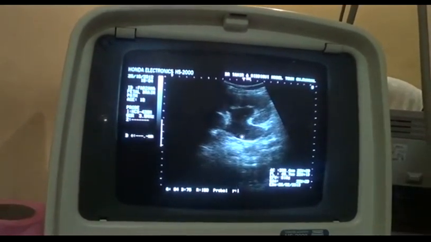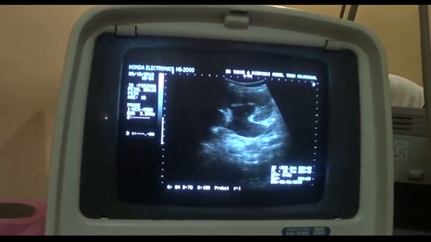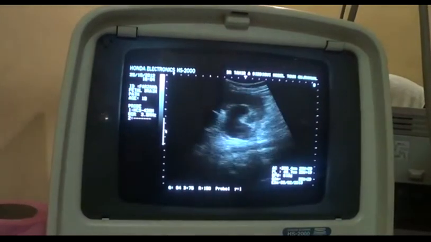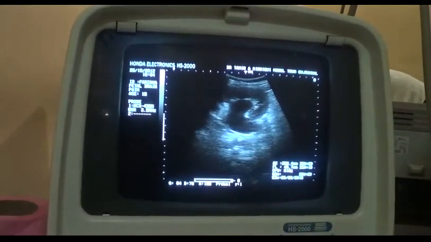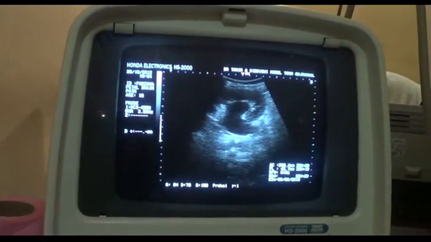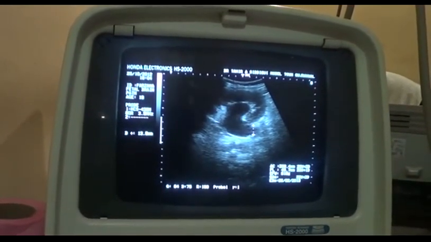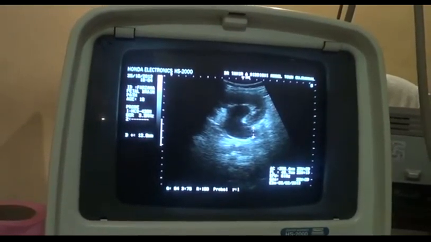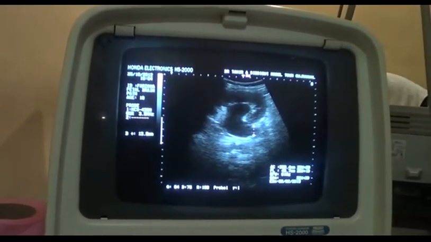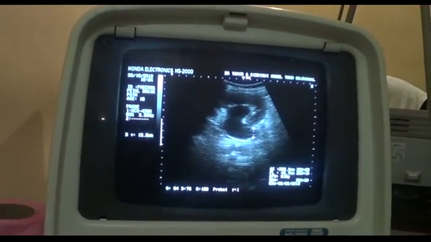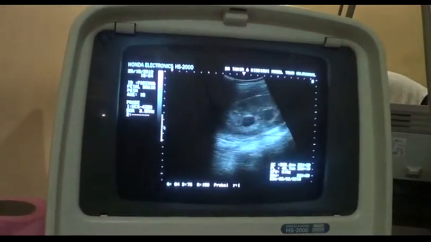The proximal ureter is seen dilated up to approximately 13 millimeters, whereas the proximal ureter should not exceed more than 7. So there is dilation.